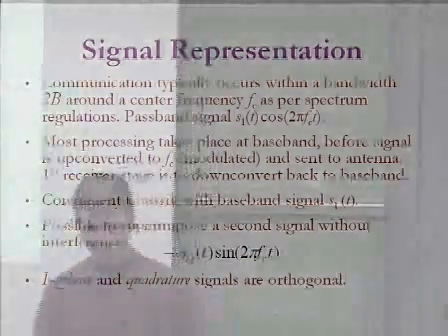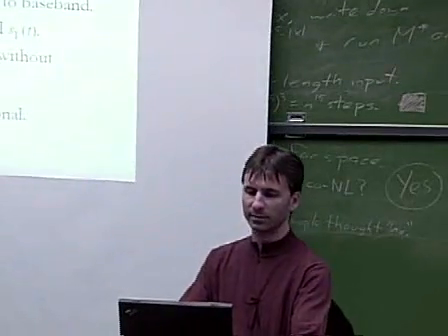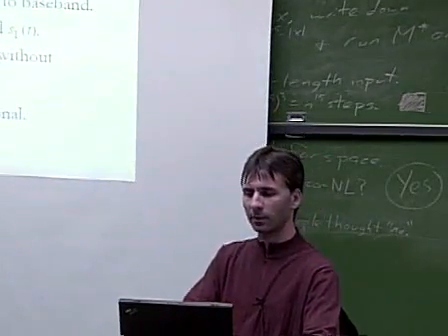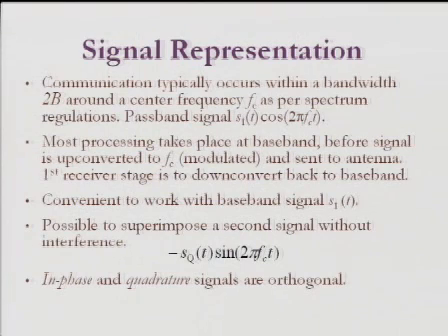Okay, communication typically takes place within a bandwidth B or 2B around some center frequency FC as per spectrum regulation. Remember we talked about this in the first lecture. So, for example, for cellular systems, FC is about 2 gigahertz typically, and 2B will be typically on the order of a few megahertz.